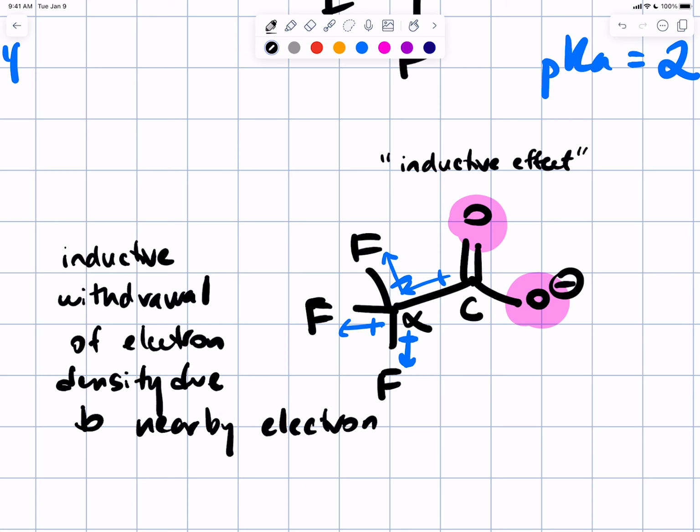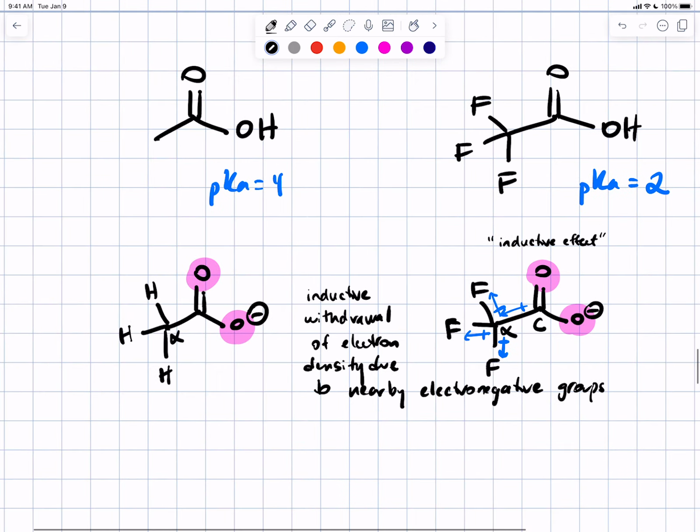The issue is that some people will look at this and say, why is the trifluoroacetic acid more acidic than regular acetic acid? And they'll say, oh, it's electronegativity. Well, not quite, because the electronegativity of the atom that bears the negative charge in the conjugate base is the same.